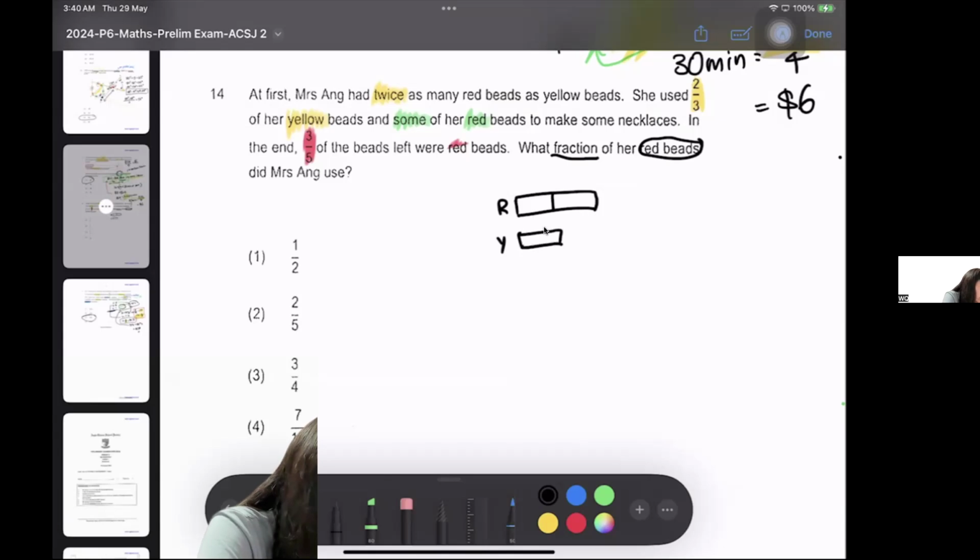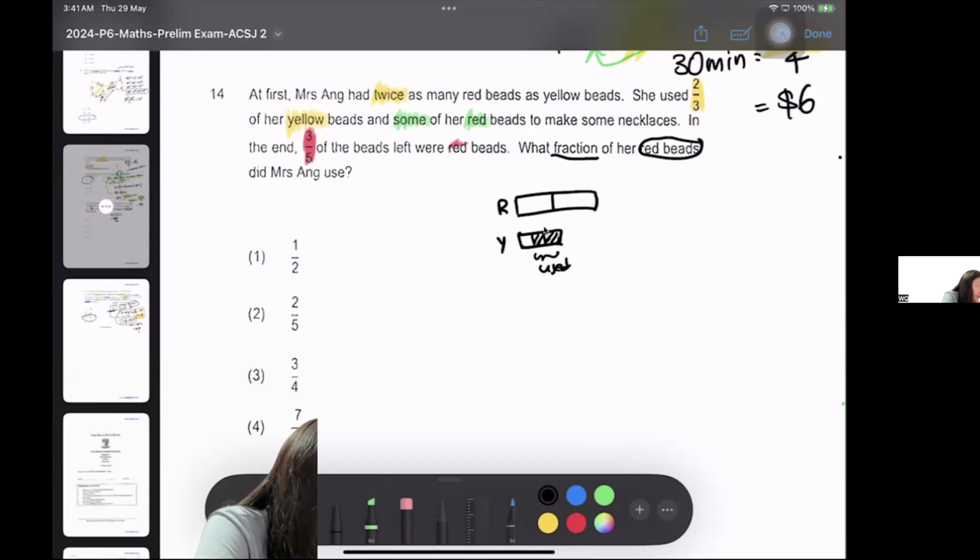She used 2/3 of the yellow beads and some of the red beads to make some necklaces. We don't know how much she used yet. In the end, 3/5 of the beads were left.